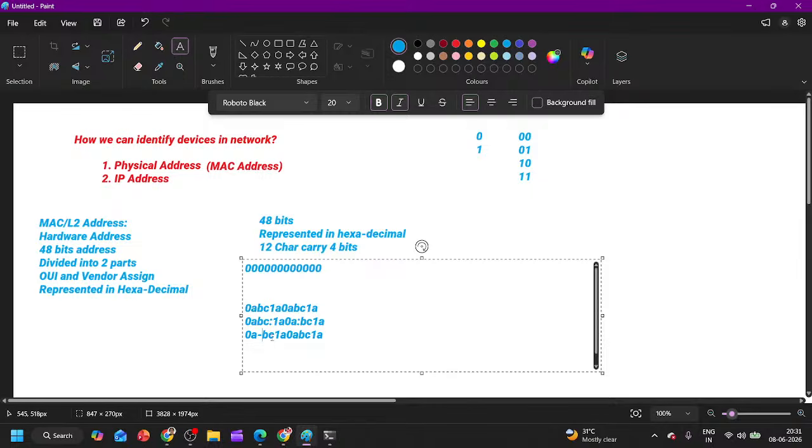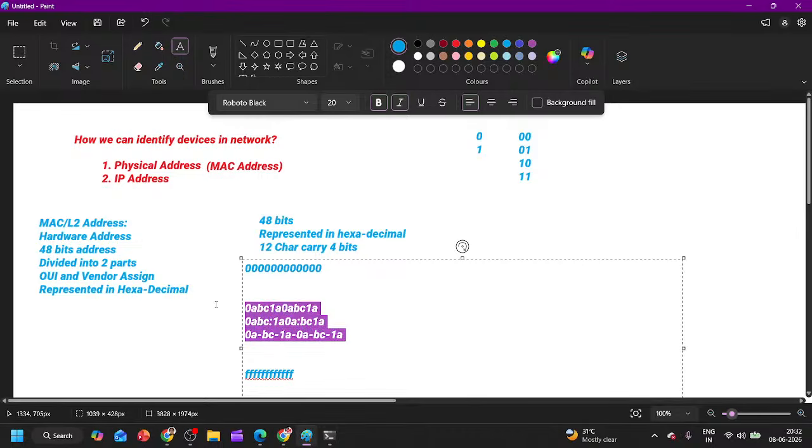Windows operating system, for example, like this, after every 2 characters there is a dash. Okay, but there is no difference in these 3 MAC addresses, all are exactly the same. So representation depends on your vendor.